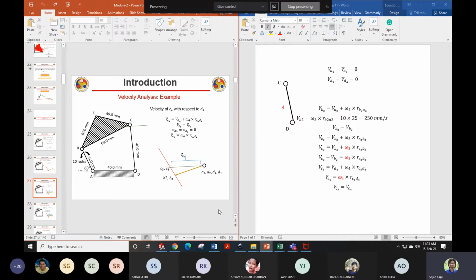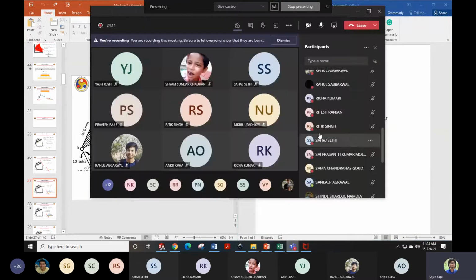All of you agree with this? Fine. Now, just by looking at it, can you find omega 3 and omega 4? You have this vector and this velocity diagram. Now let me ask you, Shyam.